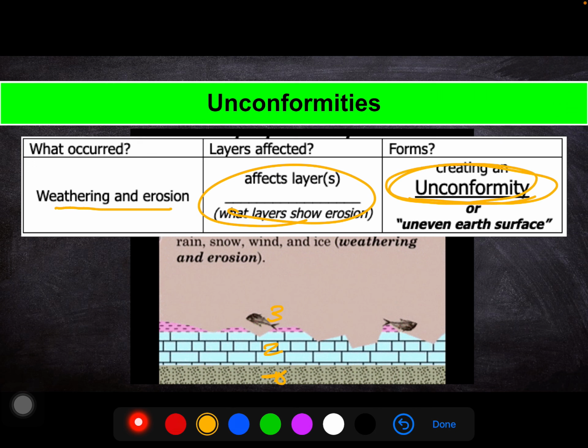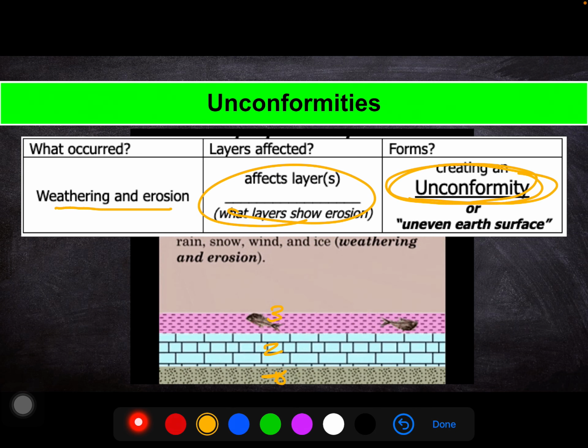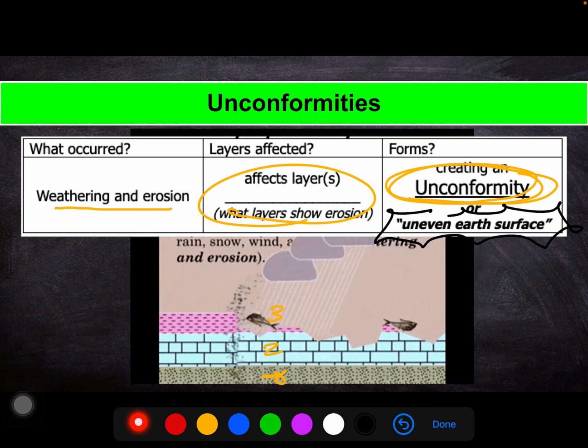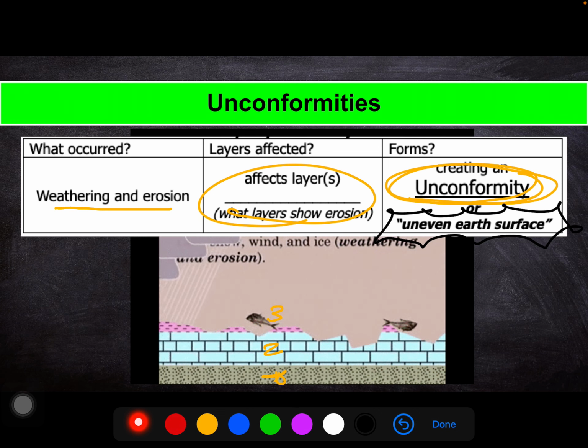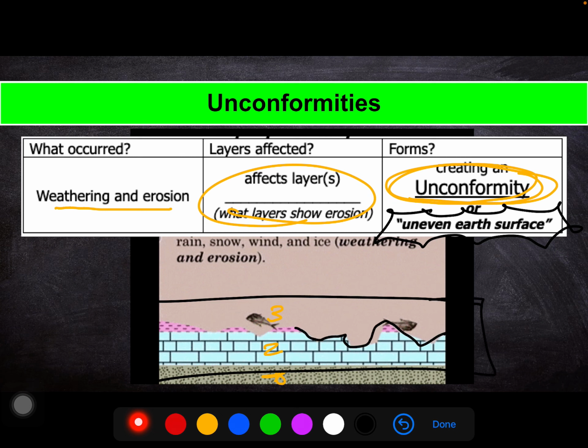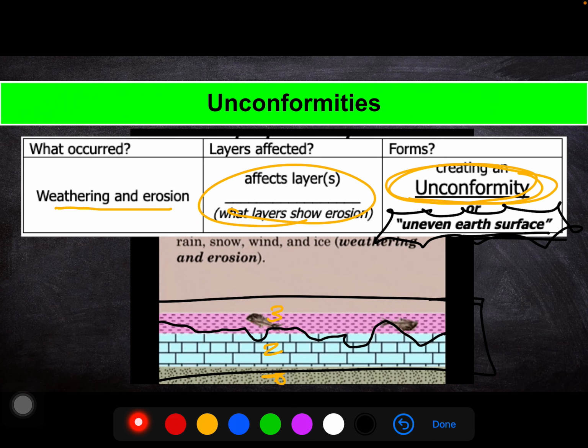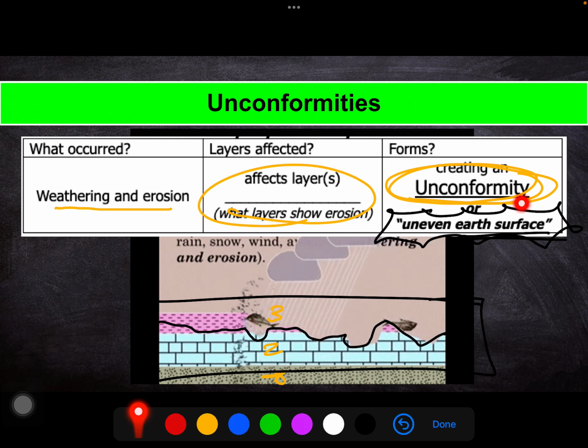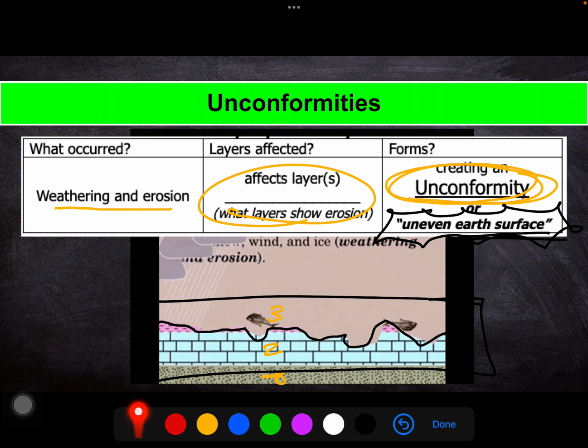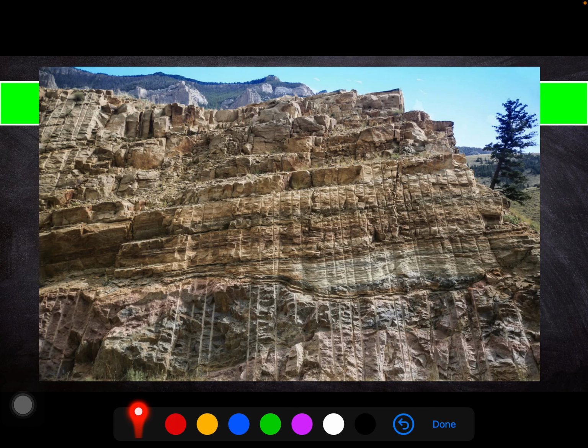And then that creates the unconformity, the gap in the rock record. And sometimes we might even be saying it's creating that uneven surface. So if this scenario just ended, this became the surface of the earth, well, that's what would be being created, that uneven surface spot. So again, this is something we're going to keep coming back to. Just wanted to point it out as we got started.